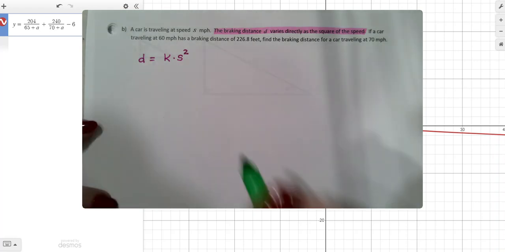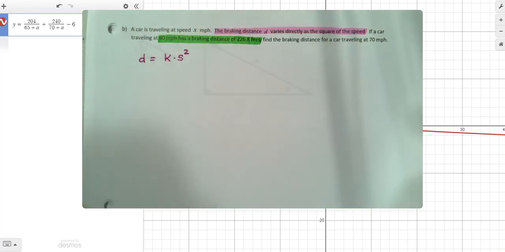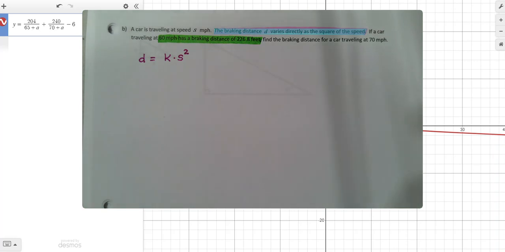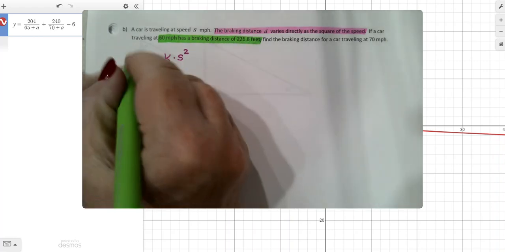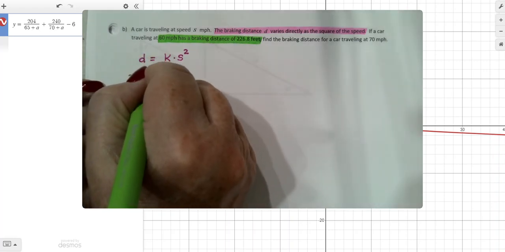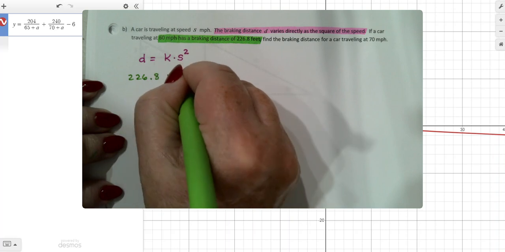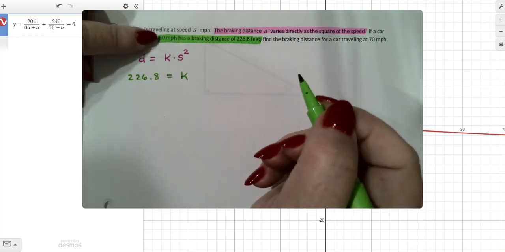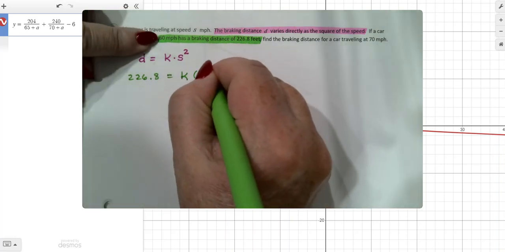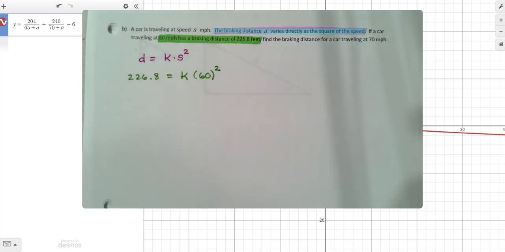All right, we know that if a car is traveling 60 miles an hour, the braking distance is 226.8 feet. So let's put that in. D is 226.8. That equals K times speed is 60, and that gets squared.